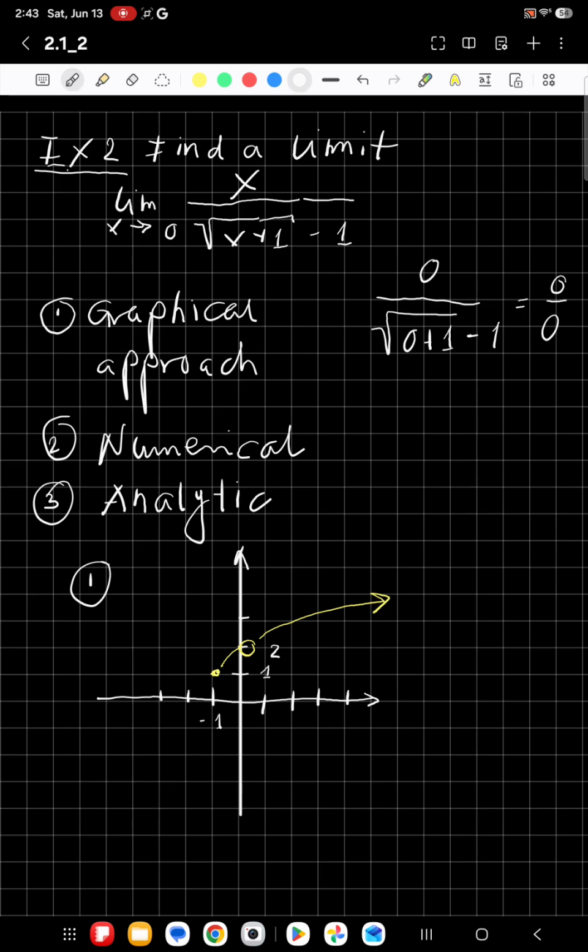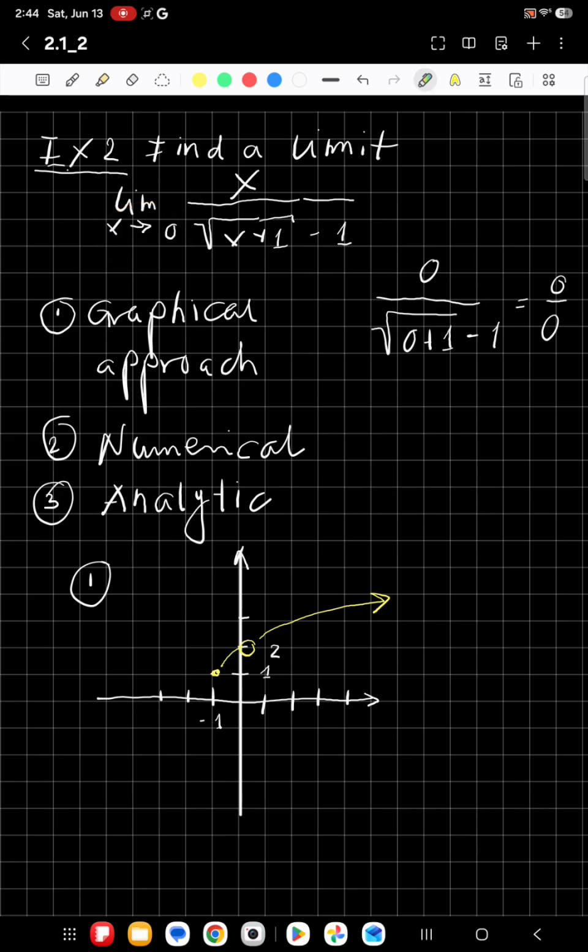When you look at the graph, when x approaches that number 0, we see it when we look at the limit. Let me use the pointer. Right here, it says x approaches 0.